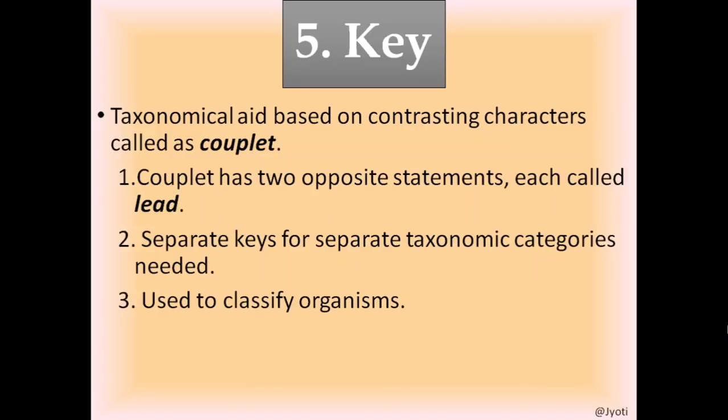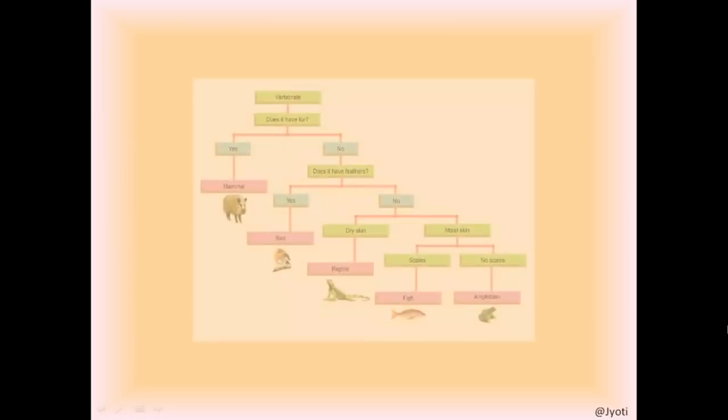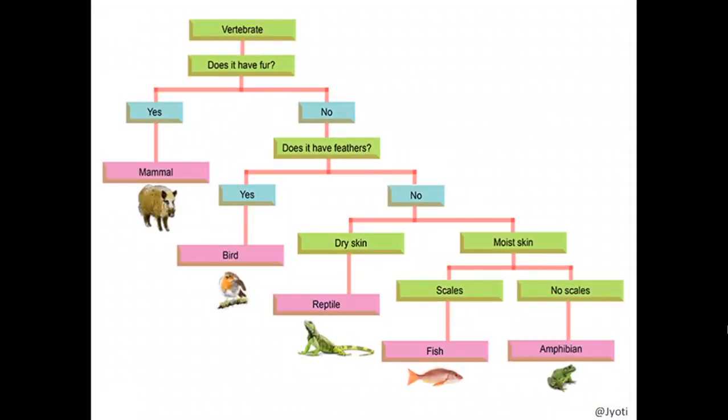It is very useful to classify organisms. Here I am showing you one key. We have so many vertebrates, but we have to find out what exactly the animal is. What do we have to do? This is the key. The whole thing is the key.